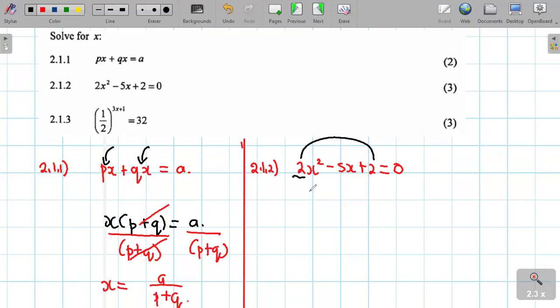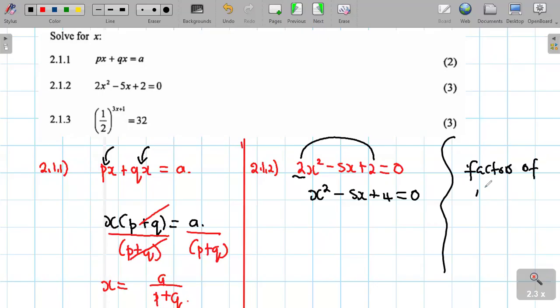Meaning I'm left with x squared minus 5x plus 4 equals 0. Aha, it is now easy to factorize. So when we factorize, I'm going to look at the factors of 4.